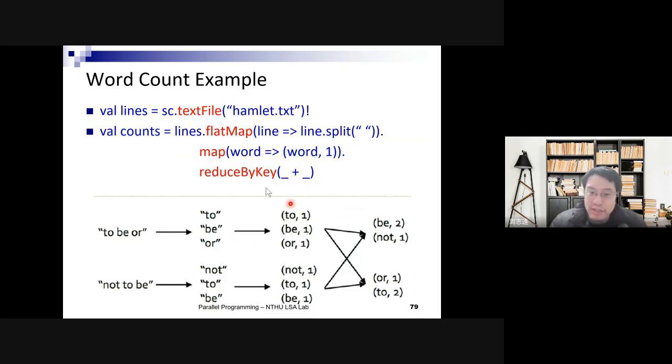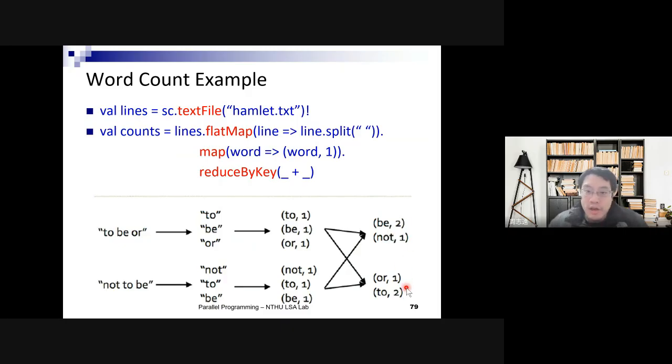Reduce by key means you group the records by their key and do the reduction for each key. So exactly what the reduce function performs in the MapReduce framework. So the result, of course, will also be the same, right? You will aggregate the keys together and apply the reduce function on the key and get this word count result.